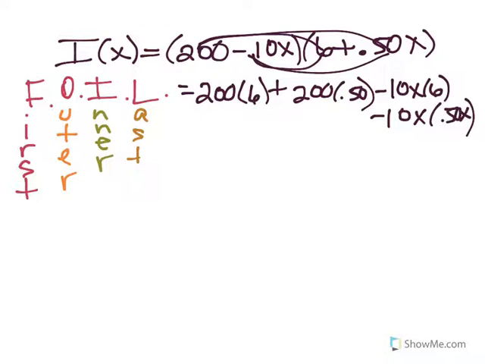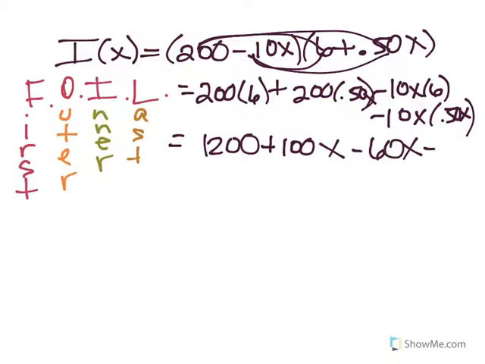Now we're going to simplify. 200 times 6 is 1200. 200 times 50 cents, or sorry, I forgot my x there, is going to be 100x. So plus 100x minus 60x minus 5x squared. Remember, when you have two x terms, it's going to make x squared.